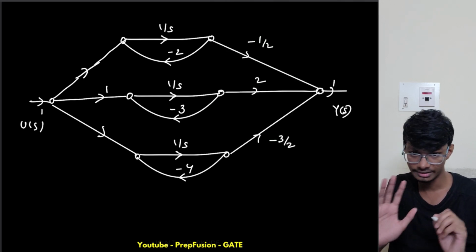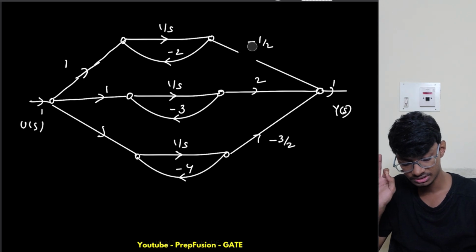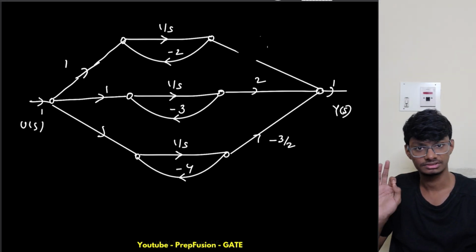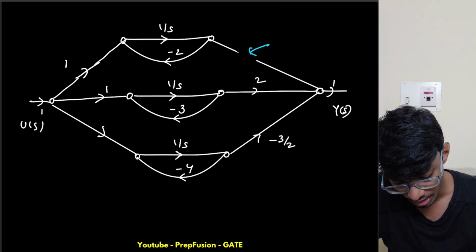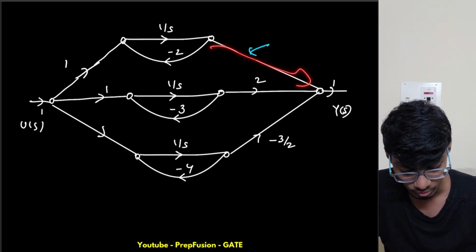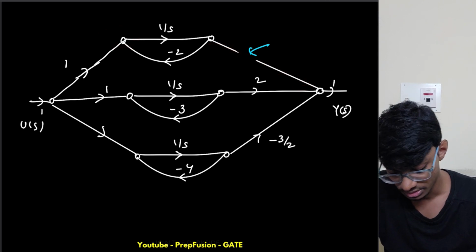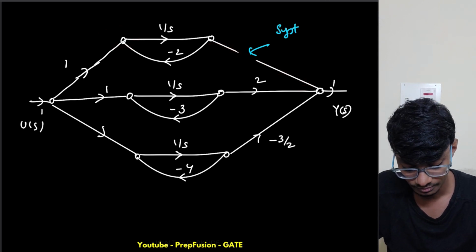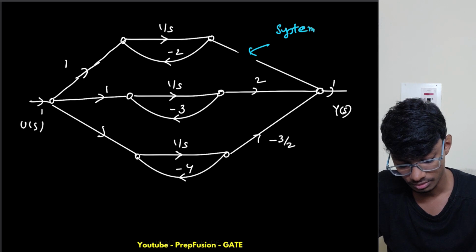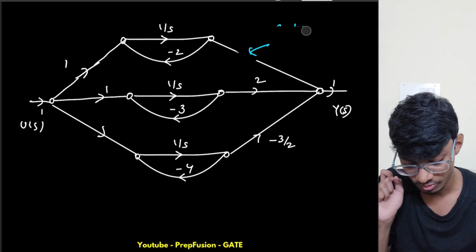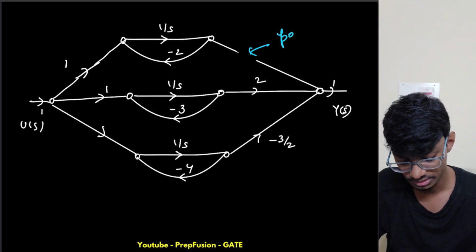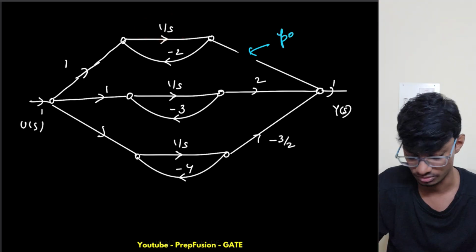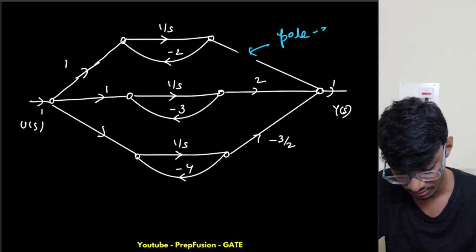If this is connected, that's fine, but if for some reason this is disconnected, then I won't be able to see my output from the state variables. Then the system will become unobservable. But first, there will be pole zero cancellation, and this pole zero will cancel only.